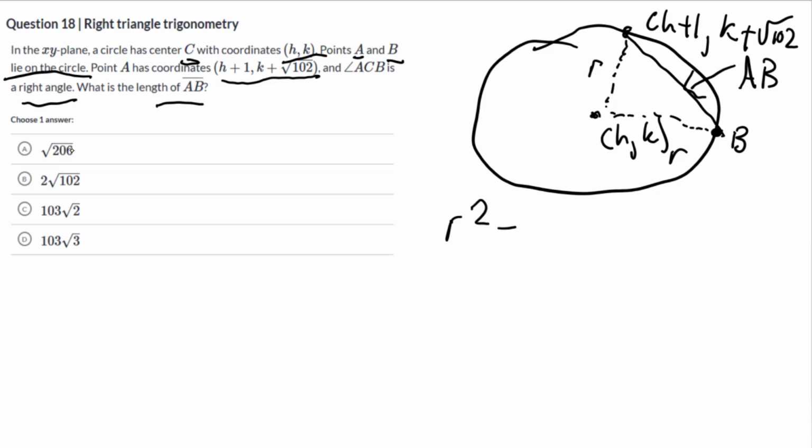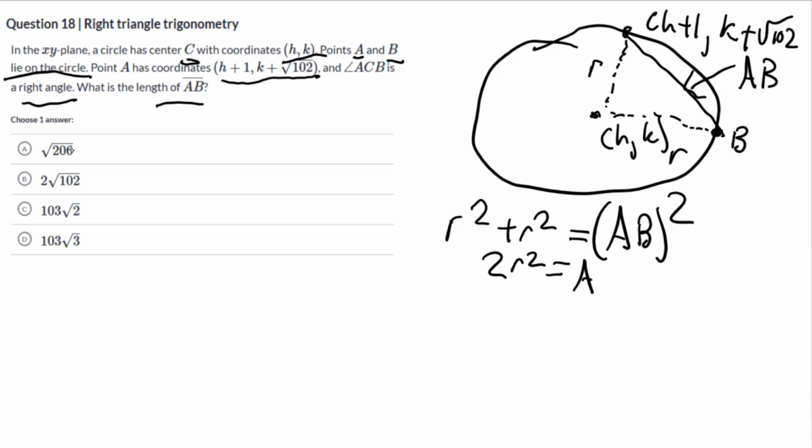So we can say r squared plus r squared is equal to AB squared, so 2r squared equals AB squared. We take the square root of both sides and we get the square root of 2 times r is equal to AB. So right now we have this value r that we don't know, but we can find r. We can use the distance formula.